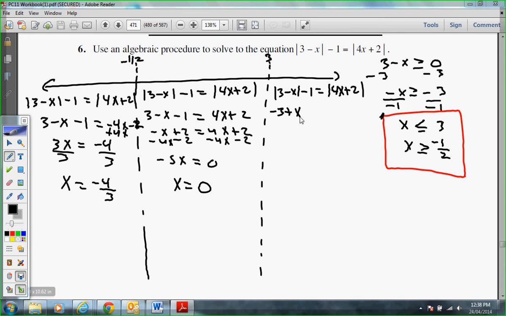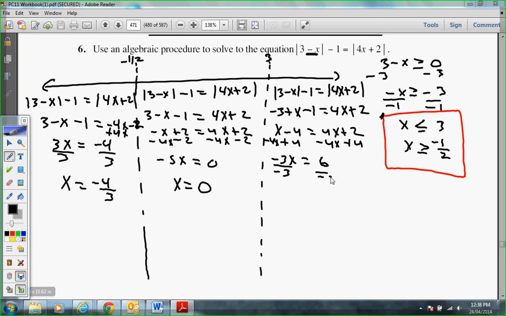But we did the opposite this time: flip, flip, regular, because of this -x. Then we go -1 equals 4x plus 2. That's greater than or equal to 2, so that stays normal. All right, so we got x minus 4 equals 4x plus 2. Add 4. Subtract 4x. Okay, so there's my 3 solutions.